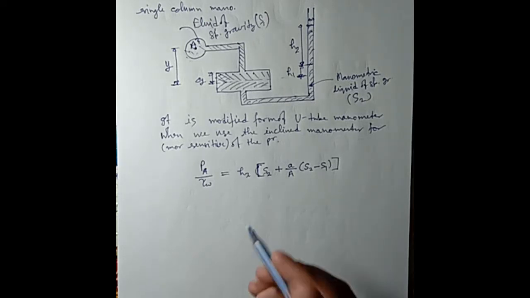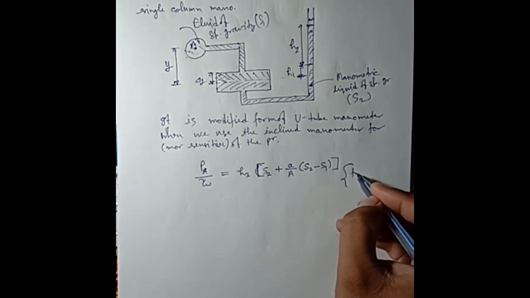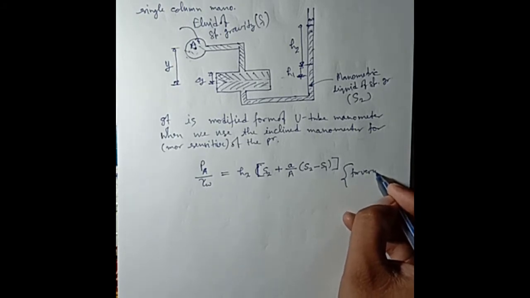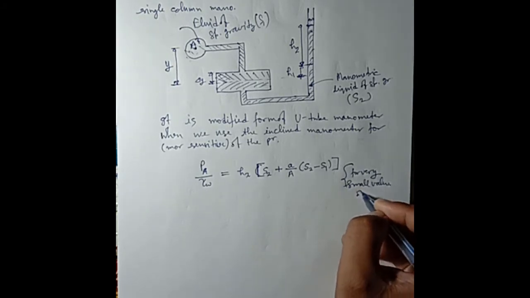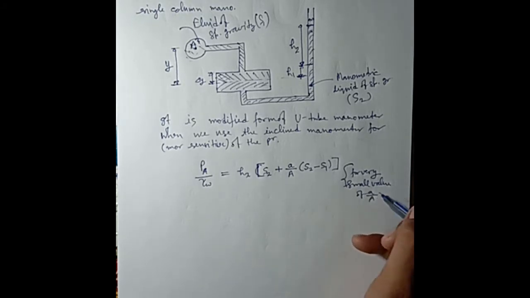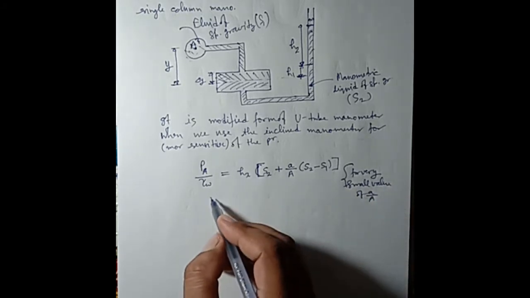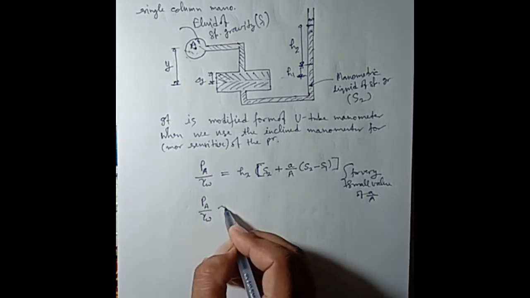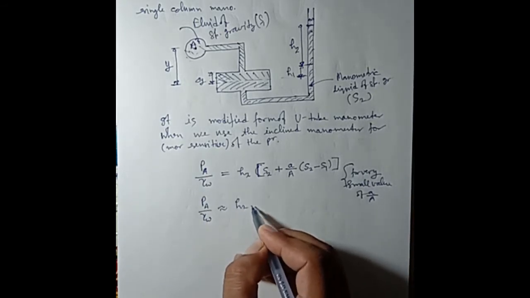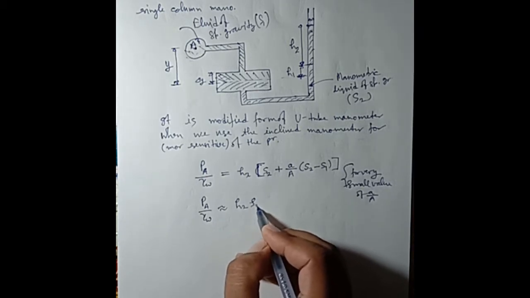For a very small value of a by A, PA upon gamma W is approximately equal to H2 S2.